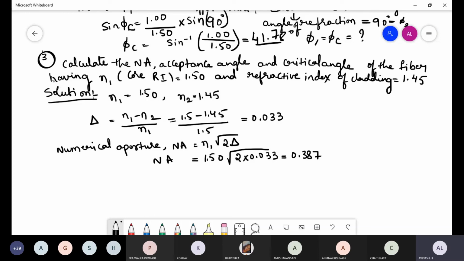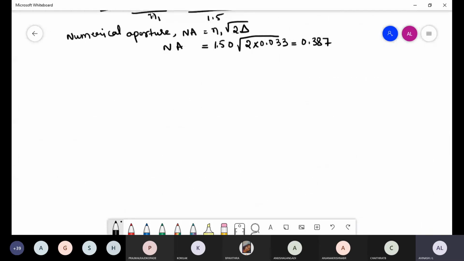So after understanding this particular value, numerical aperture equal to 0.387. Next, the acceptance angle they have given. So what is the acceptance angle? Acceptance angle phi A equal to sine inverse of numerical aperture.